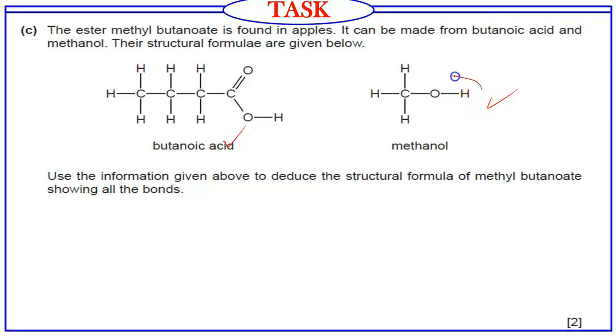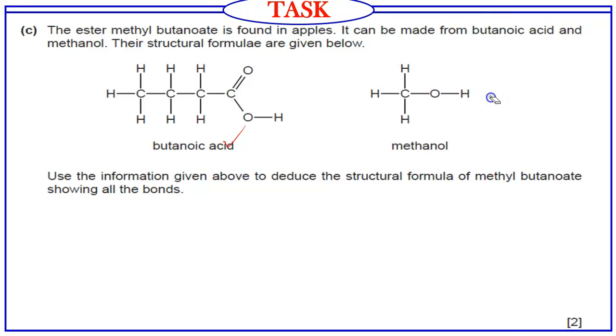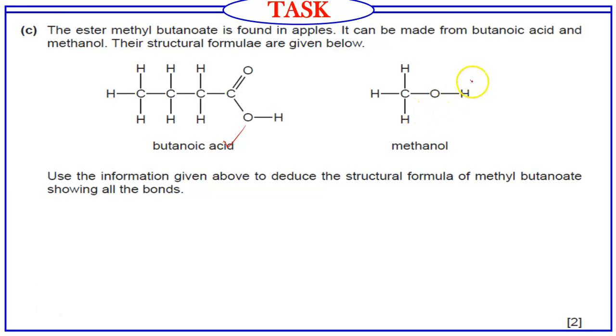Remember, the alcohol H carries the OH of the carboxylic acid. So here is available for bonding, here is available for bonding. This is where you join the two compounds, so we have the ester formed.